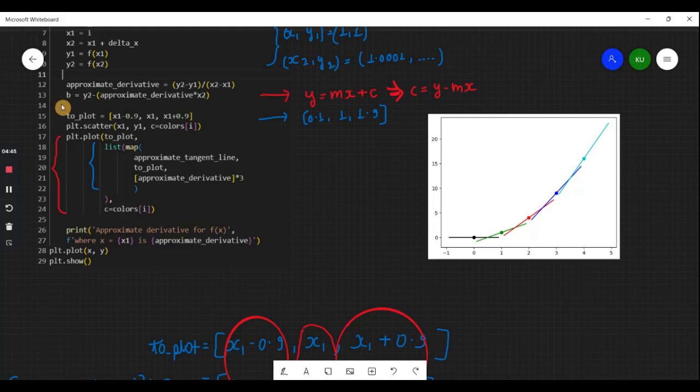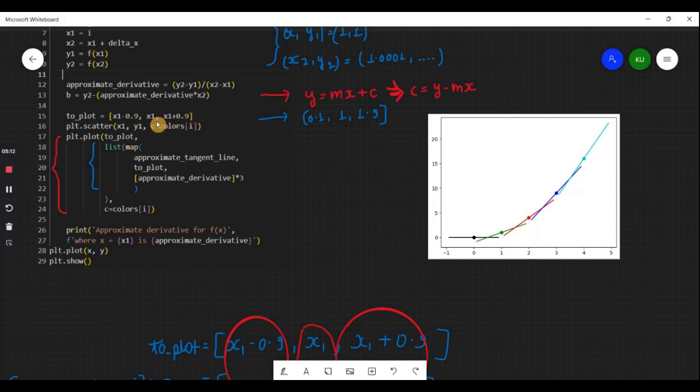As a tangent line can be infinitely long, we have to declare some starting and end point of our tangent. As you can see in the diagram, when we are plotting the tangent at x equal to 0, the tangent started from negative 0.9 and extended till 0.9. So suppose we have to plot a tangent at x equal to x1.